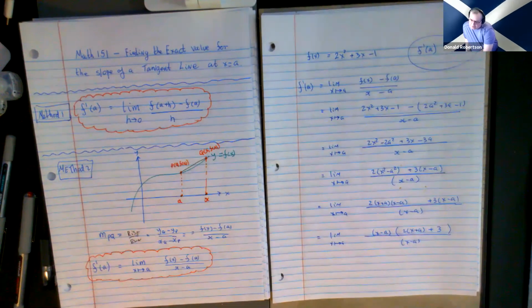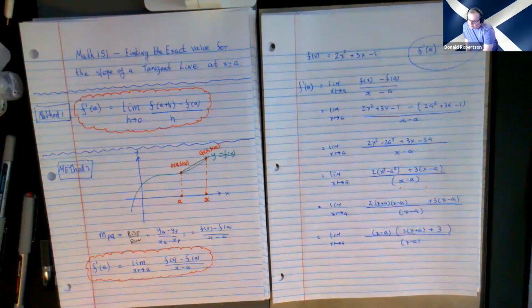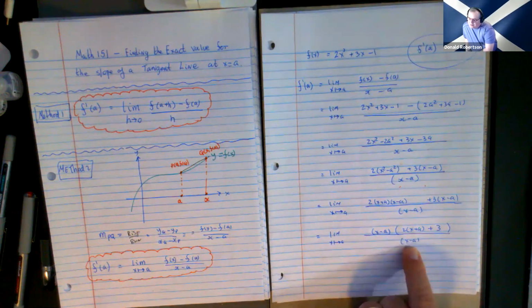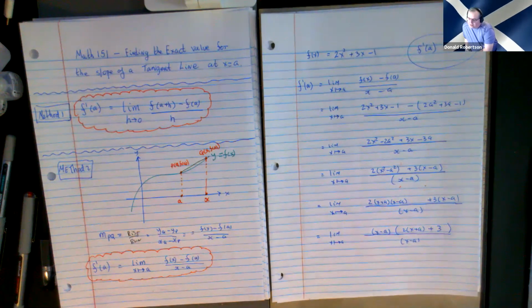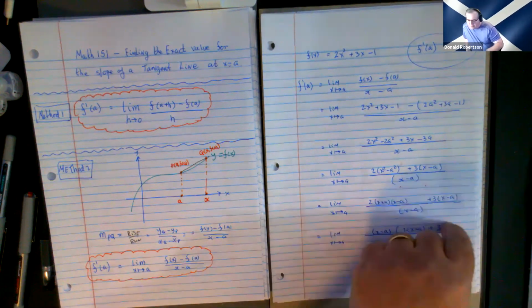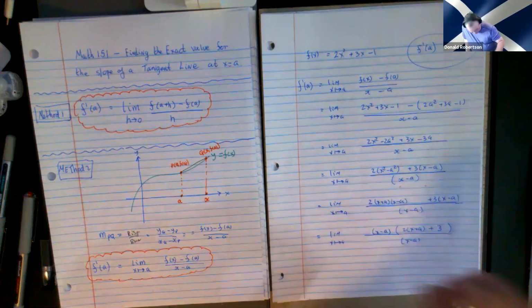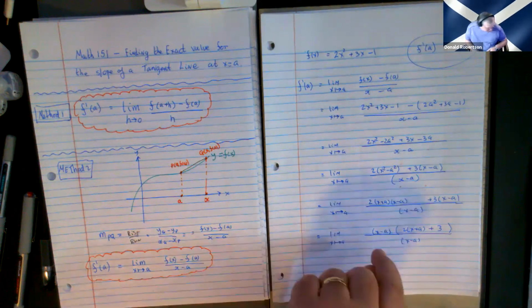Do you see that I've now factored this thing? And in particular, do you notice that the factor that I've pulled out is x minus a? So when you do these questions, that's what your goal is: to suck out an x minus a. Don't care what that is or how ugly that is. Just live with that. Just figure a way of factoring out an x minus a.